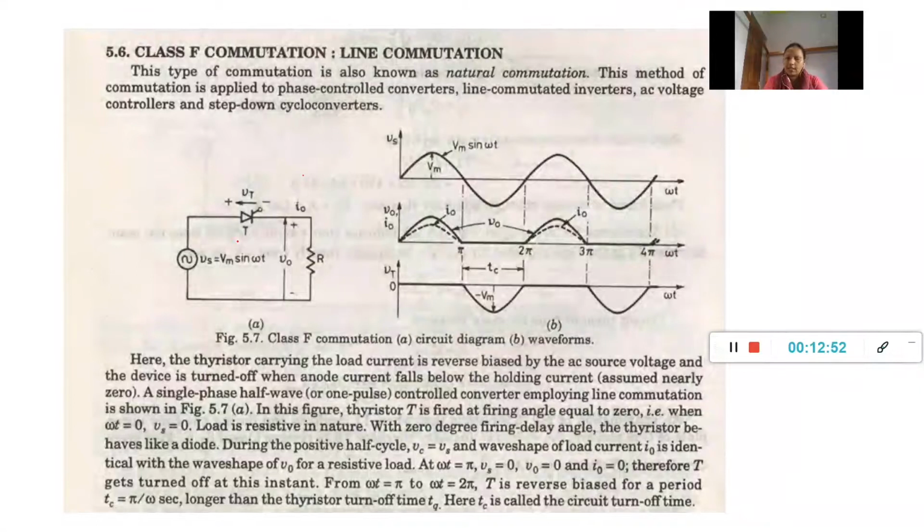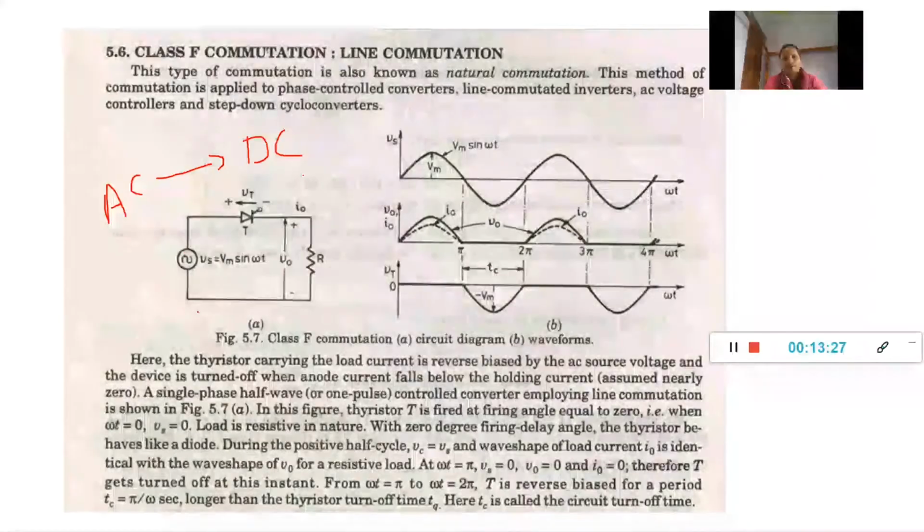So what happens under this natural commutation? Here is one circuit diagram, which you can say is a half wave rectifier diagram. A rectifier converts AC to DC. This is the single phase half wave controlled rectifier.